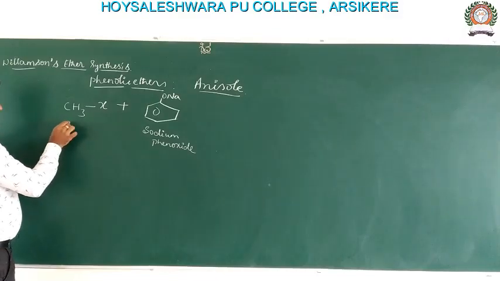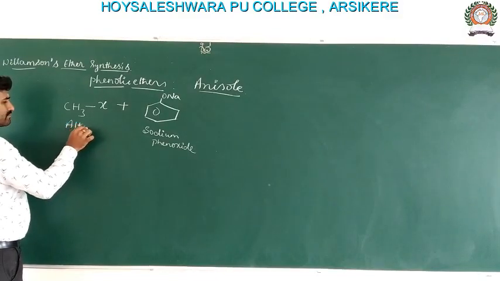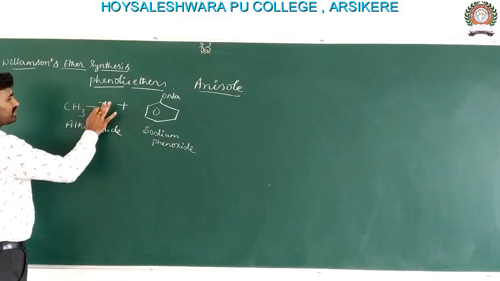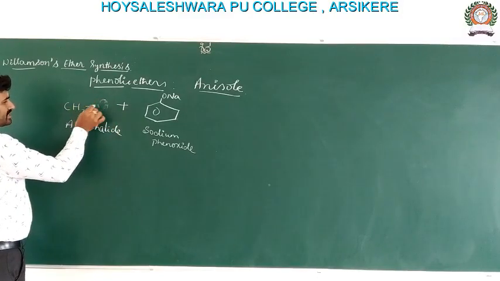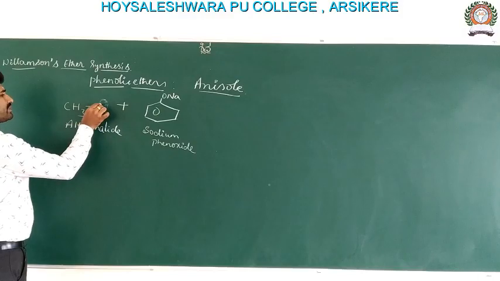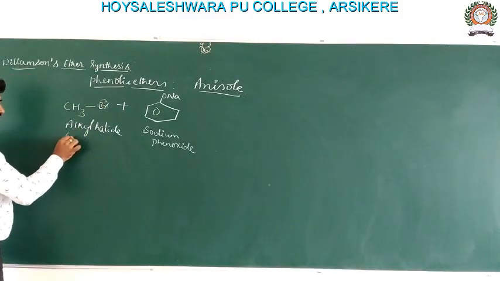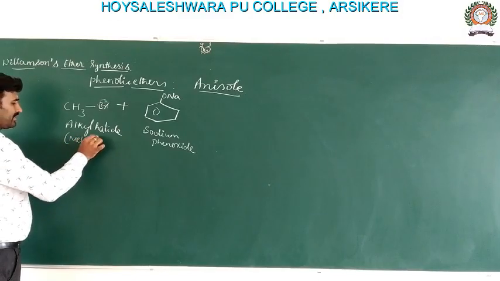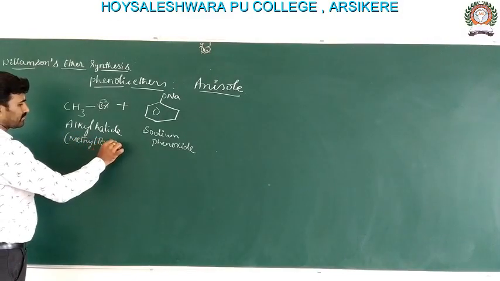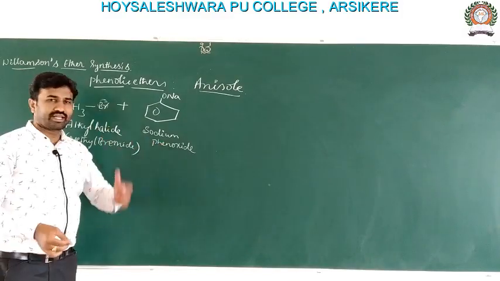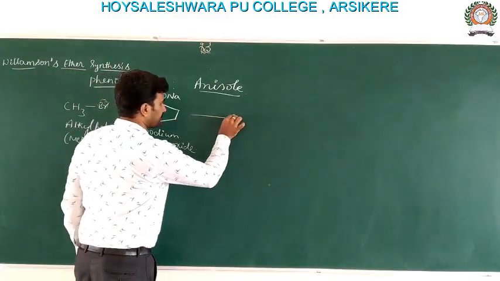This is the alkyl halide. Specifically, I will write methyl bromide as the alkyl halide. So that is methyl bromide reacting with sodium phenoxide.